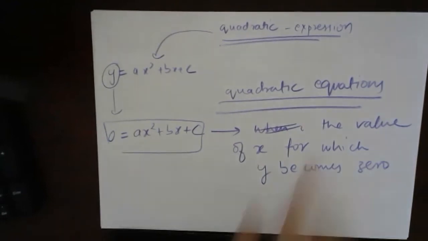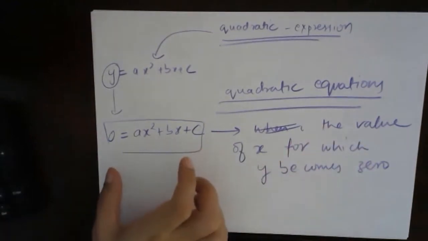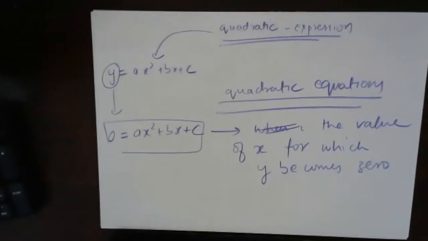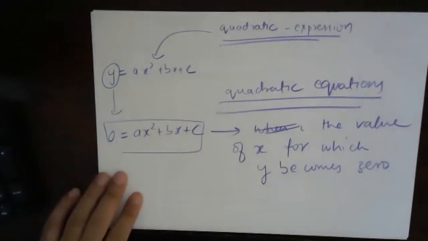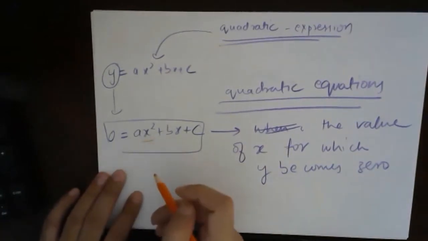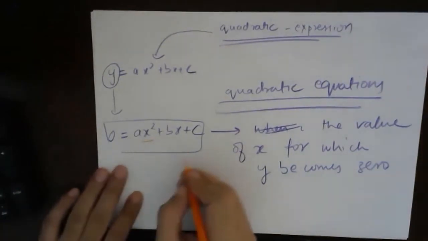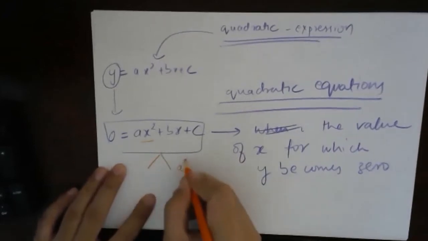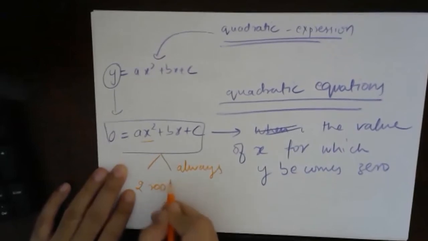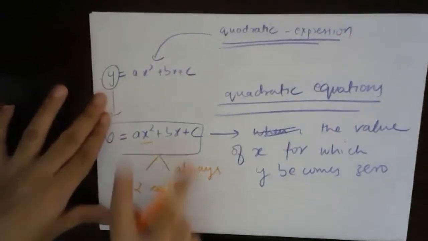Let's see how, using some formula, we can get the roots. Remember, when there is a quadratic equation, you will always get two roots.